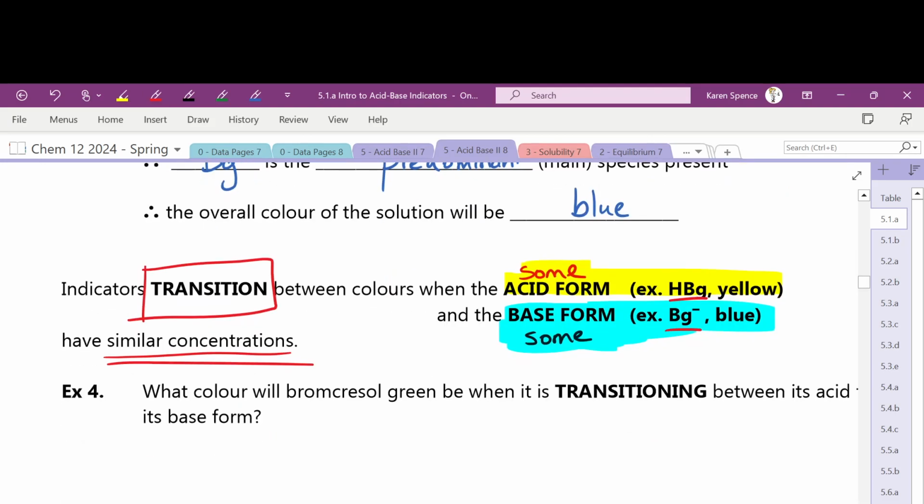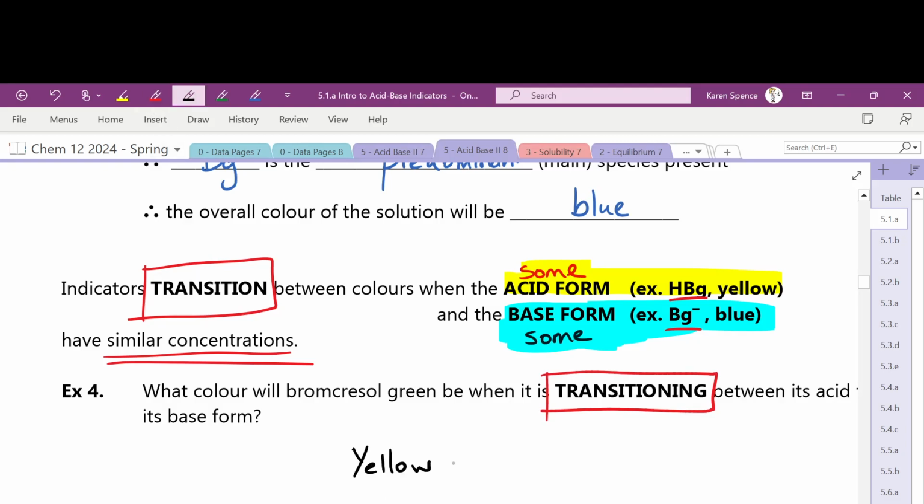What color would bromcresol green be when it is transitioning, when the concentration of the HBG and BG minus are similar? It's going to be green because yellow plus blue gives us green. That's why it's called bromcresol green.